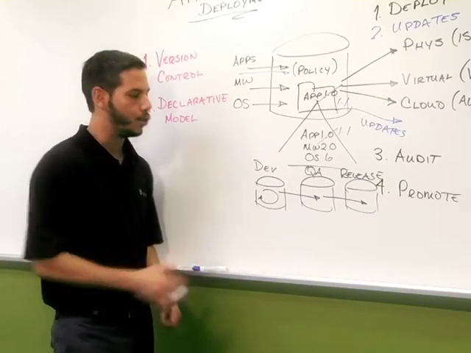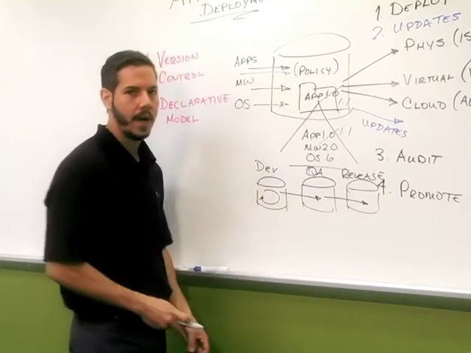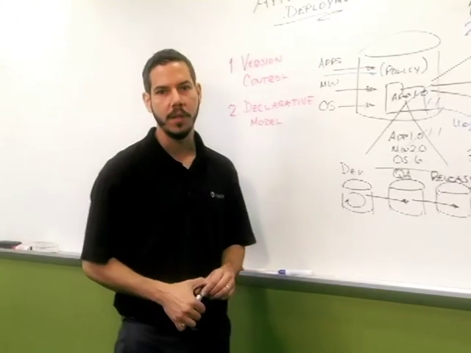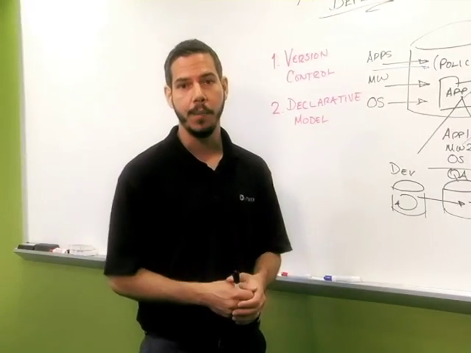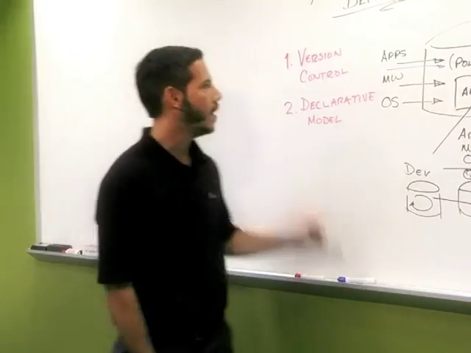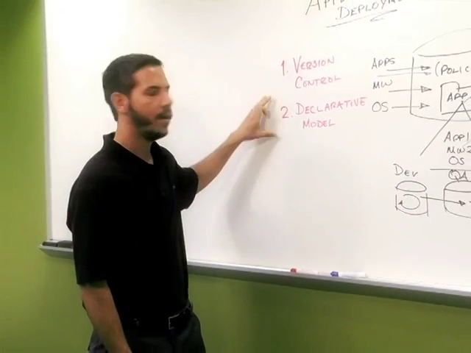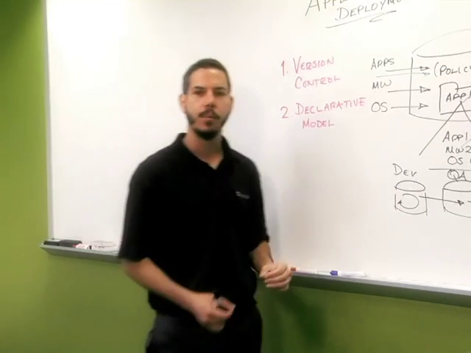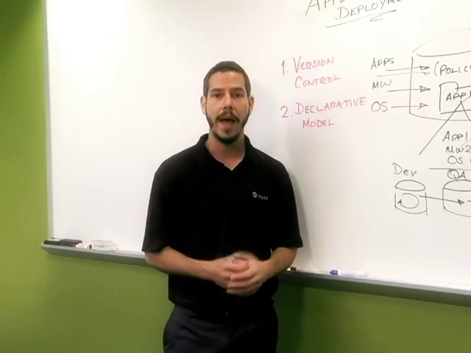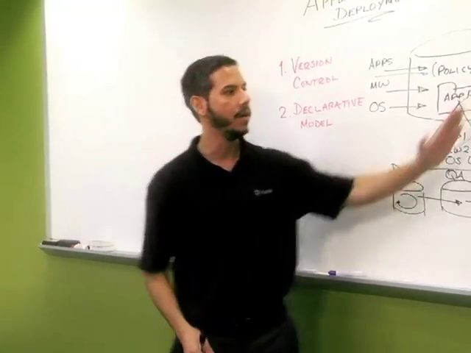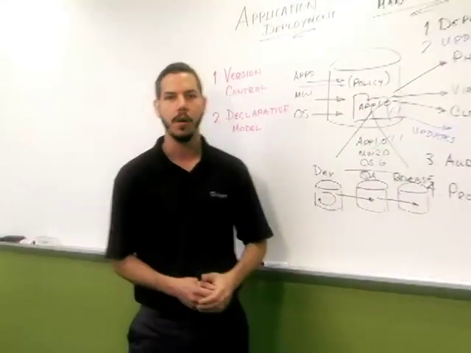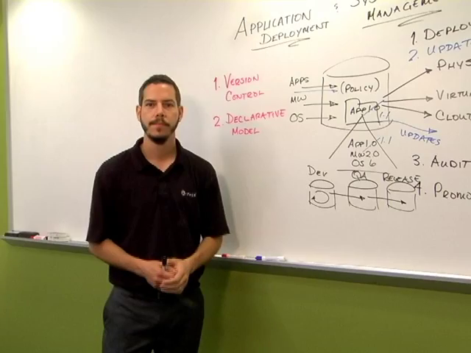Reducing the capability for drift between any of these stages and providing for consistent, repeatable deployments through the lifecycle of the application. So through the concepts of version control and a declarative model, RPath Cloud Engine provides consistent, repeatable application deployments regardless of where those application deployments may occur.